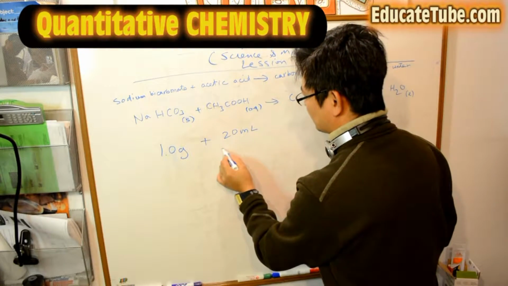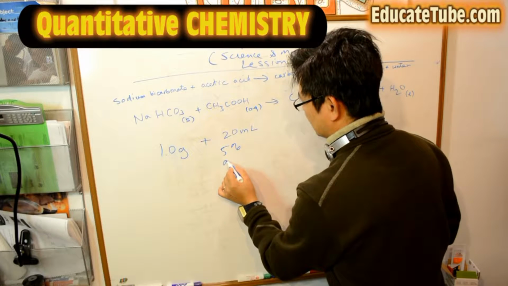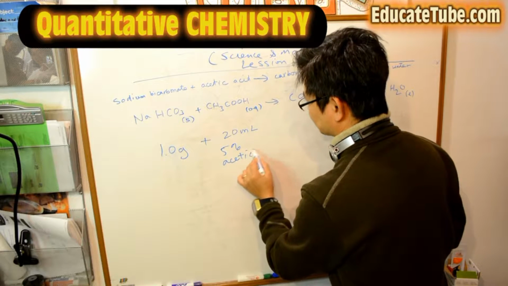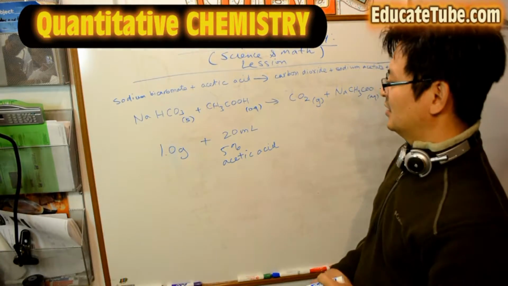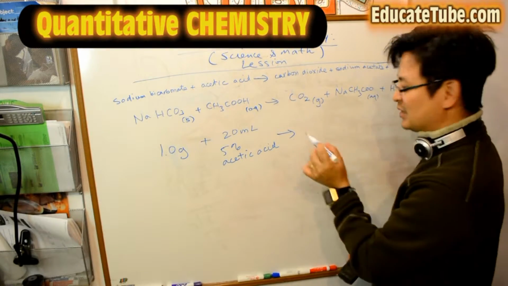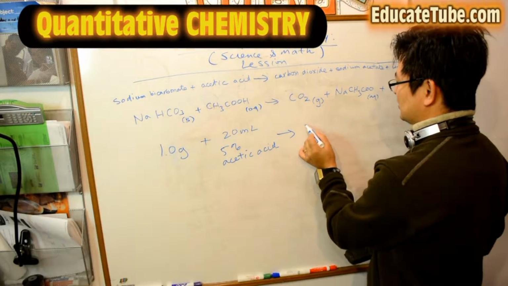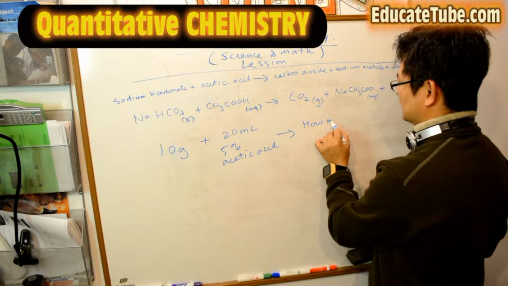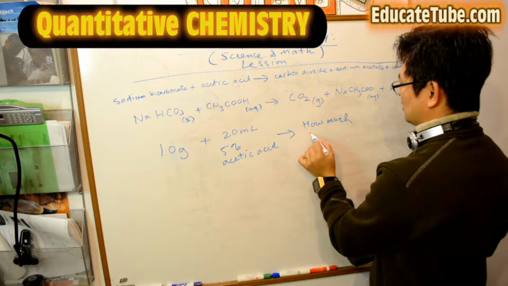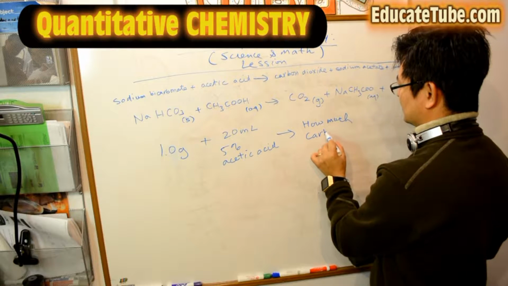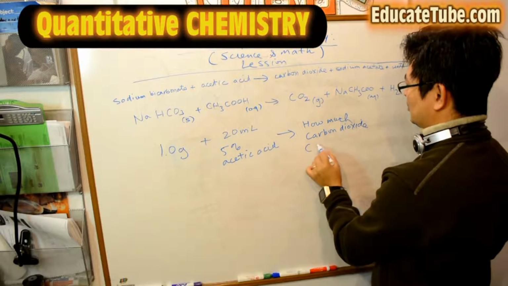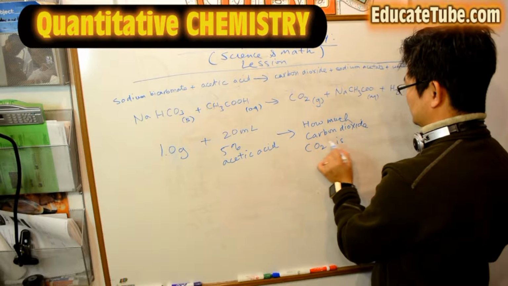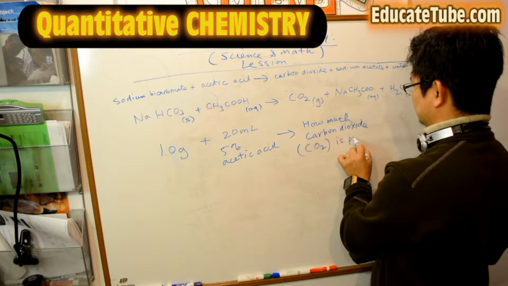So 20 mils of 5% acetic acid, which is vinegar, right? Vinegar is 5% acetic acid. So here's the question: how much carbon dioxide, CO2, is produced?